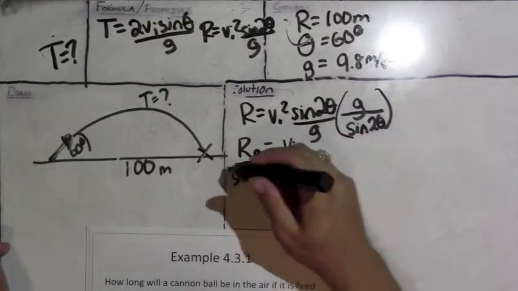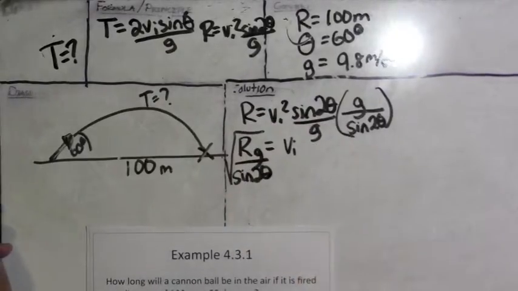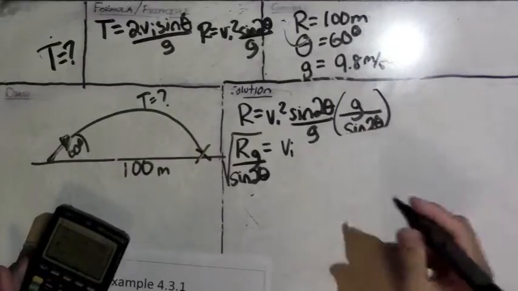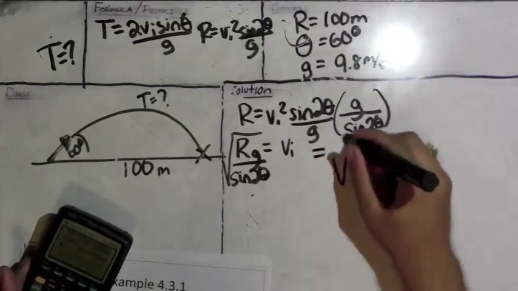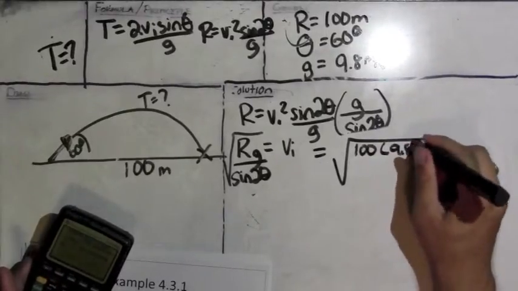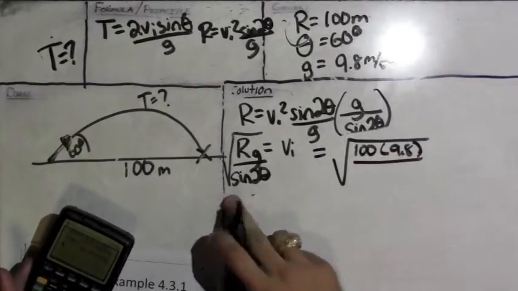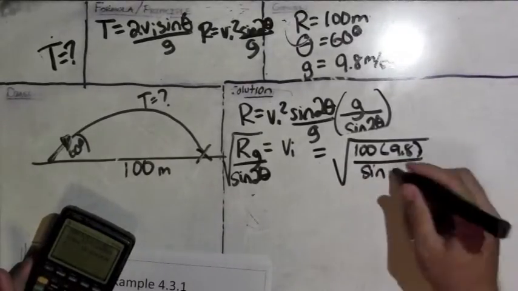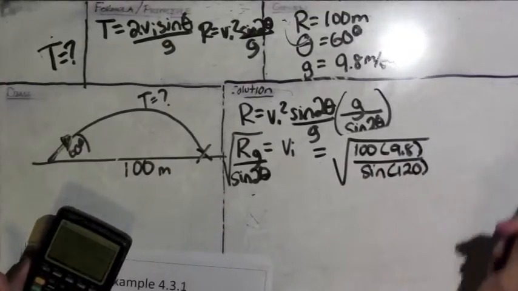Instead of putting the squared, I'm going to put the square root on that side. Now we plug our numbers in: 100 times 9.8 divided by the sine of 2 theta. Instead of the sine of 60, it's going to be the sine of 120.